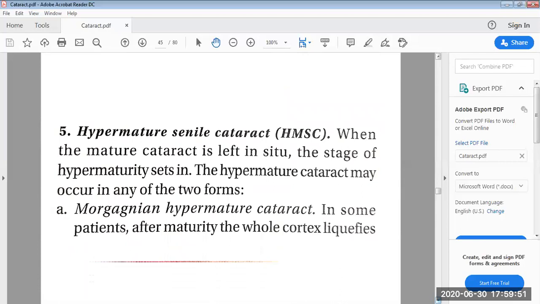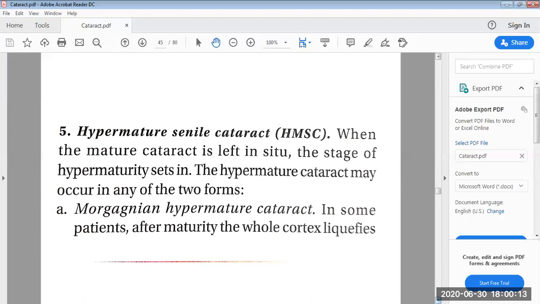Then the fifth stage of the maturation of cortical type of senile cataract is the hypermature senile cataract, HMSC. When the mature cataract is left in situ, the stage of hypermaturity sets in. The hypermature cataract may occur in any of the two forms.